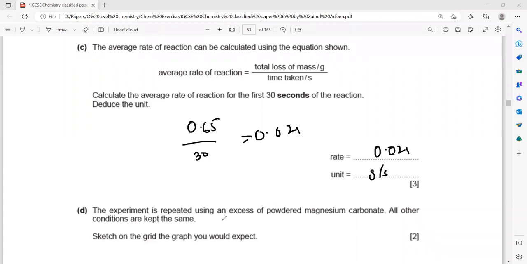Then the experiment was repeated using an excess of magnesium carbonate, with all other conditions the same. Sketch on the graph what you expect. More steeper.